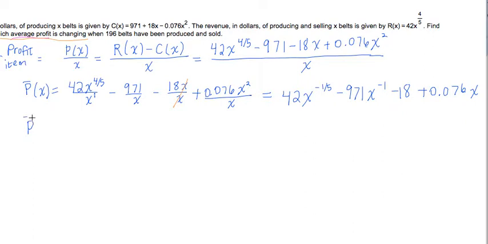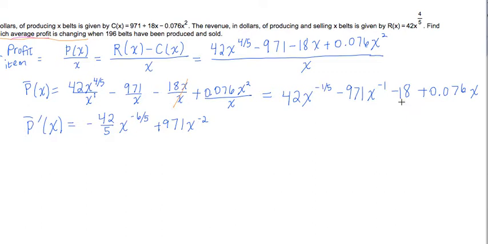So I'm going to find the derivative of average profit. I'm going to differentiate this right here. So we'll have negative 42 times a 5th is negative 42 over 5. x to the negative a 5th minus 5/5 is negative 6/5. Then bringing this minus 1 down times that minus 1, we get plus 971 x to the minus 2.